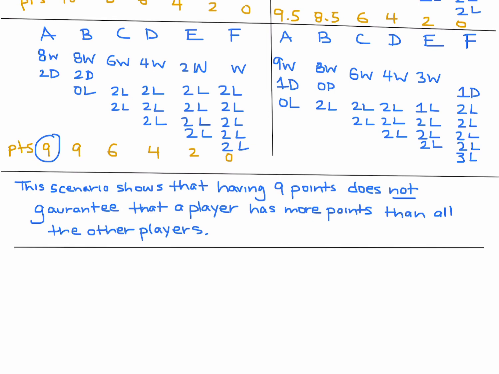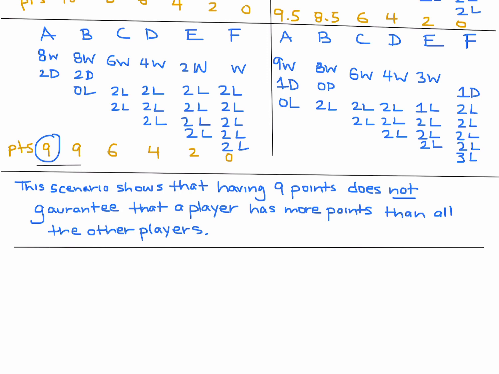So that scenario basically shows that having 9 points does not guarantee that a player has more points than all the other players. This scenario is a perfectly valid scenario because all the players have played 10 games, and when I calculated the points, as you can see, 9 points is obtained by player A, but it's also obtained by player B. So we are now concluding this question.